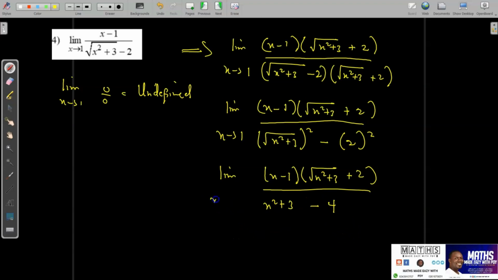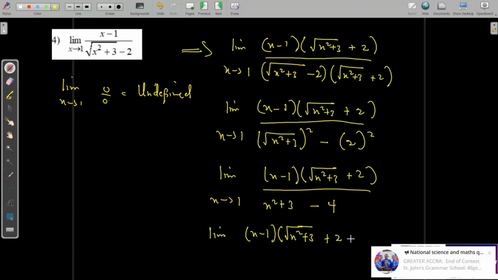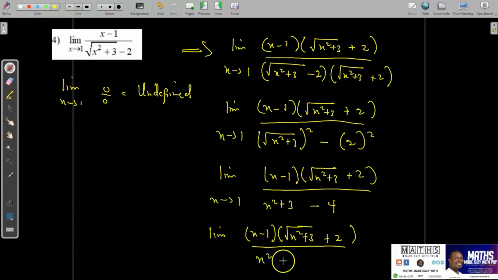Going further, as x approaches 1, we have the limit of (x minus 1) multiplying (the square root of (x squared plus 3) plus 2), all divided by, when you simplify the denominator, x squared minus 1.